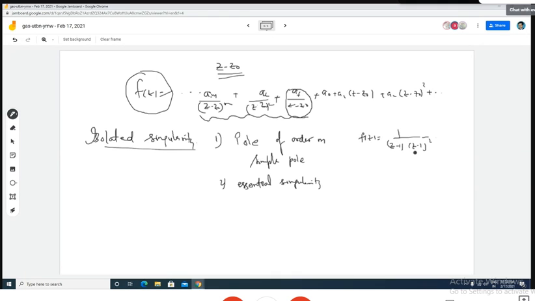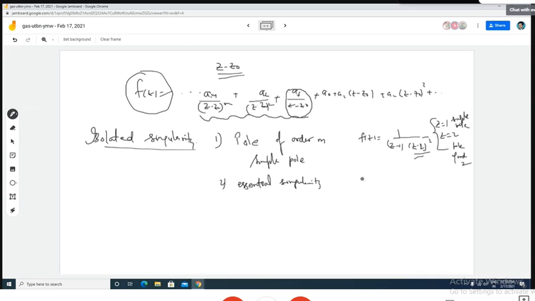And if you expand in powers of z minus 2, it has a pole of order 2, right? So it has a simple pole at z equal to 1 and a pole of order 2 at z equal to 2.